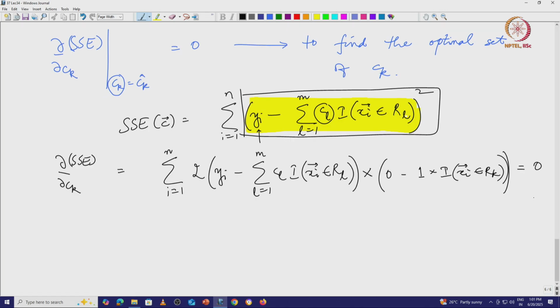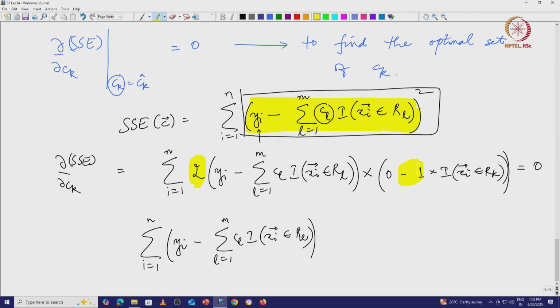Alright, so let us simplify this further. This 2 obviously will go away, it is just a constant, so it can be pulled out. So this becomes sum i going from 1 to n of yi minus sum L going from 1 to m of Cl times the indicator function of xi belonging to the region Rl, and this minus 1 is also now a constant that is getting multiplied.